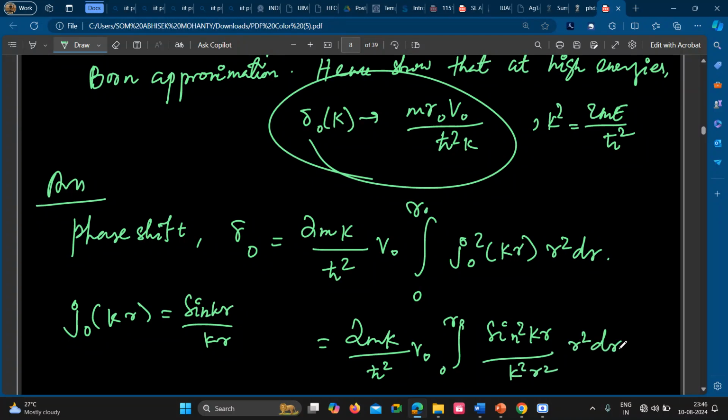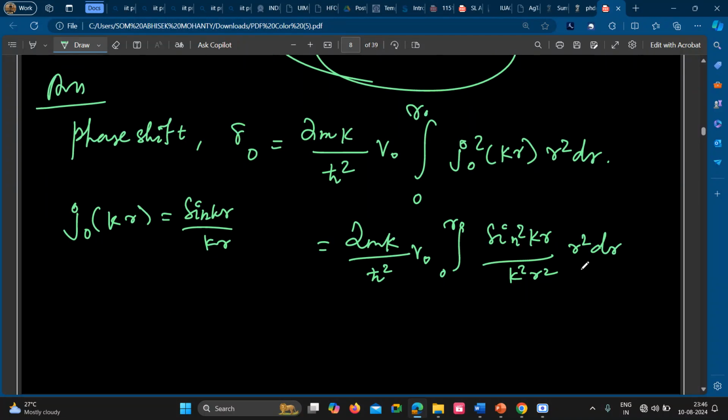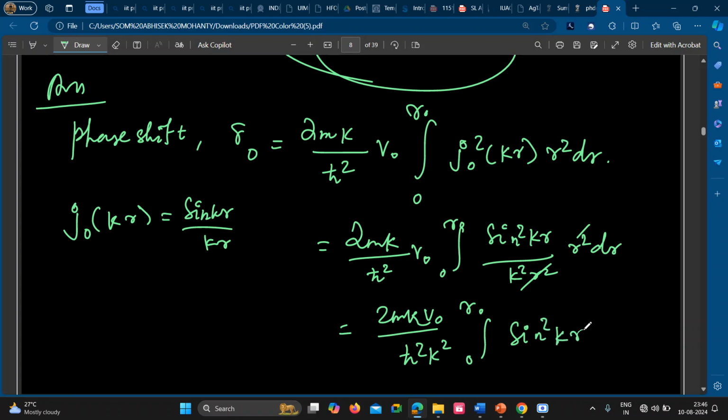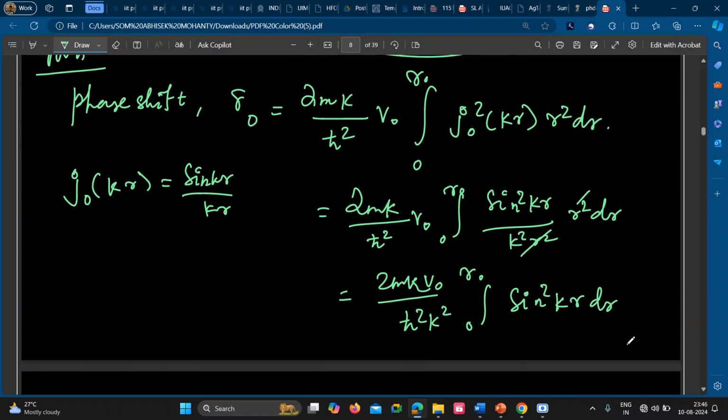As I told you before, these things will be cancelled out, so k square goes out. 2mk V naught by h cut square k square, integration 0 to r naught, and only sine square remains inside. How to get the integration of a sine square term?